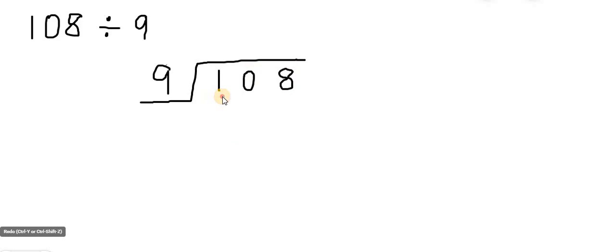First things first, we deal with the 1. So that's 1 divided by 9. The number of 9s in 1, 9 is bigger than 1, so that's not possible. So we put 0 there. And so we deal with 10.